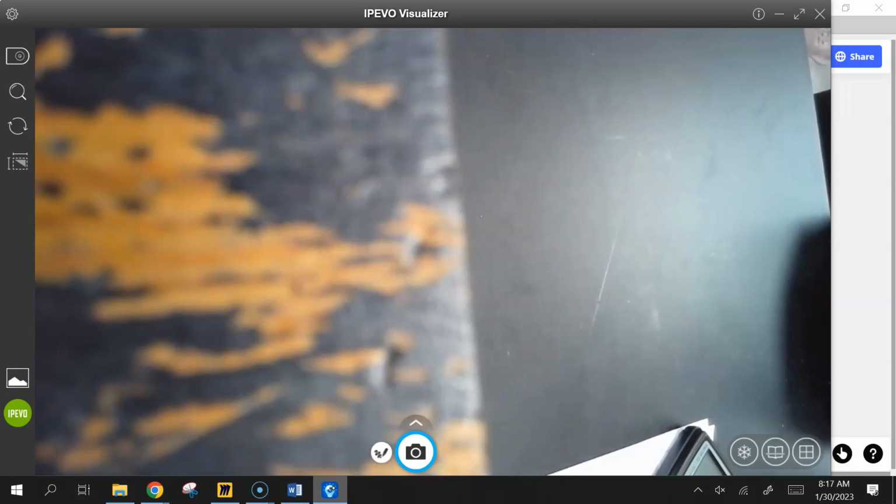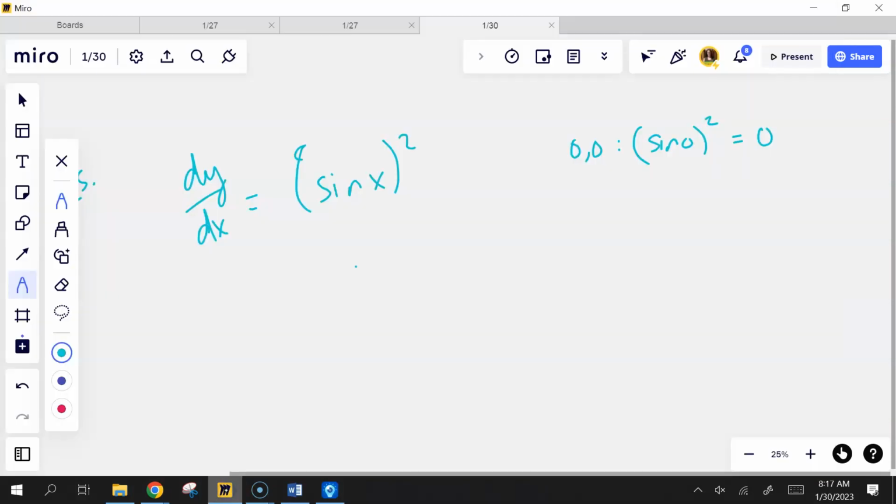Read me what it says again. Yeah. What's their explanation? Because this is not a graph you would just really know. Okay. So they're putting.